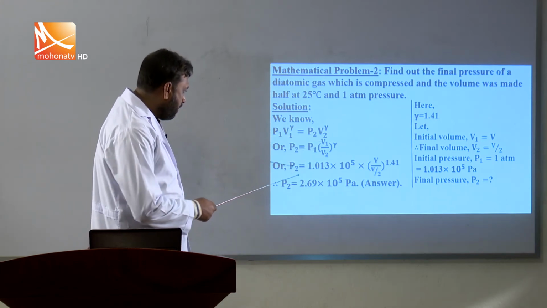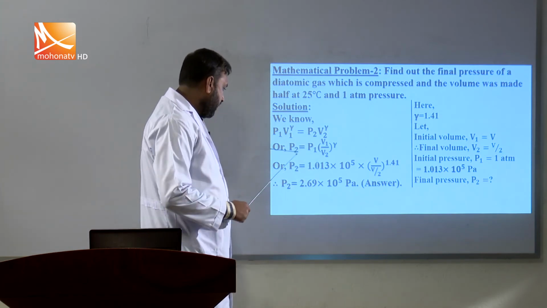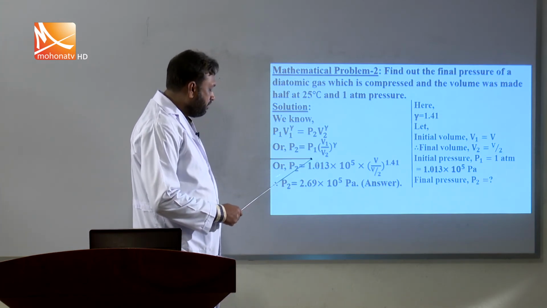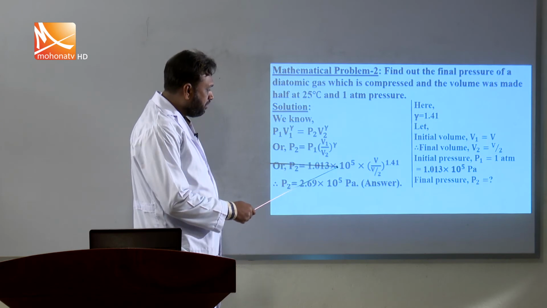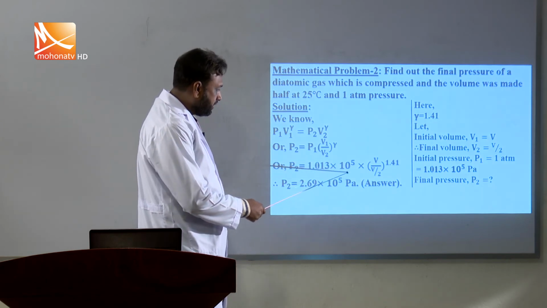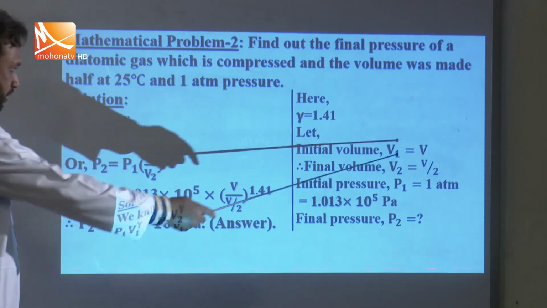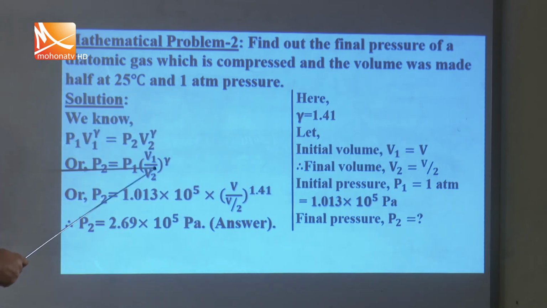Now putting the values of P1, V1 and V2, P2 equals 1.013 times 10 to the power 5 Pascal times (V divided by V by 2) to the power 1.41. Now after calculating, the pressure will be P2 equals 2.69 times 10 to the power 5 Pascal. So the answer will be 2.69 times 10 to the power 5 Pascal.